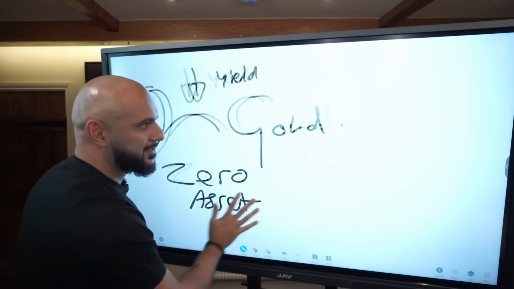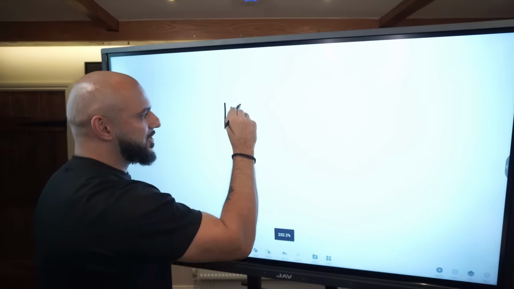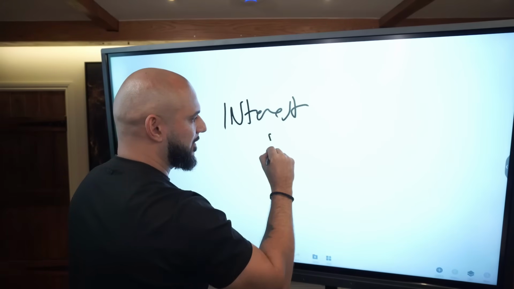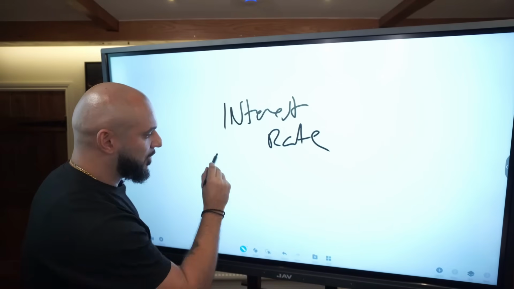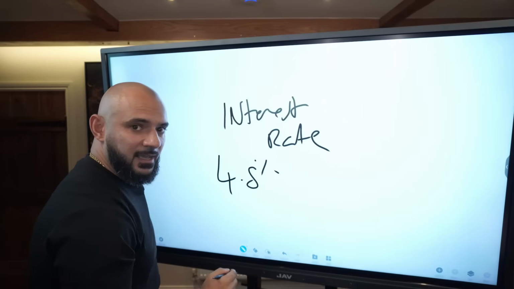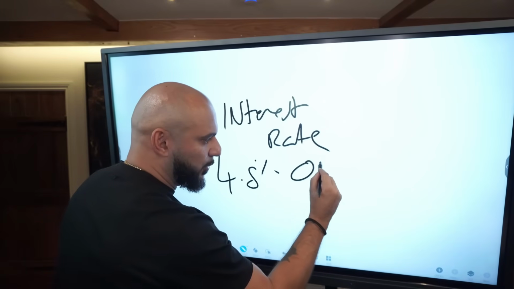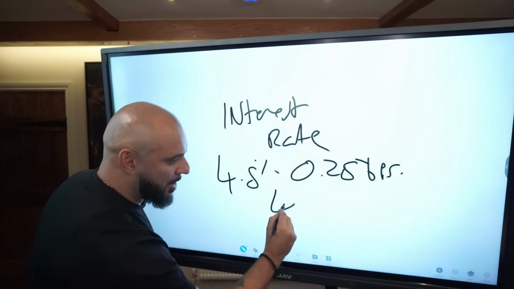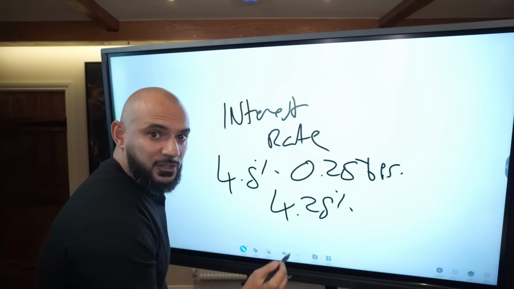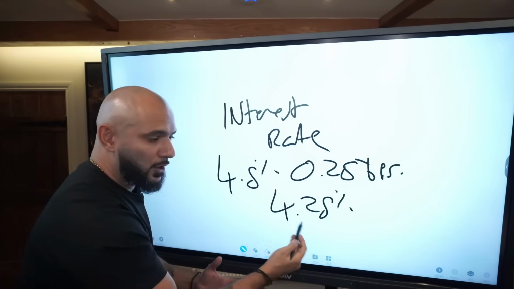In other words, interest rate decreases, okay, which is what we want because right now the rate has been changed from 4.5%. We got a cut of 25 basis points, okay? And that effectively means that we are now at 4.25%. So that means we're earning less of a yield on the dollar.